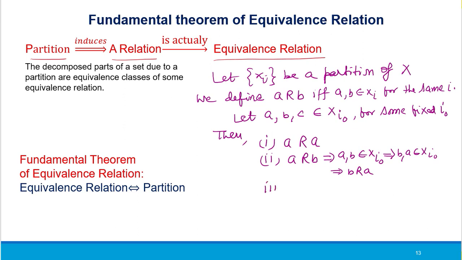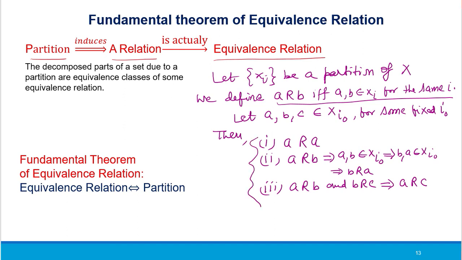And similarly we can have that A R B and B R C implies A R C, because if A and B are members of Xi0, B and C are members of Xi0, then A and C are also members of Xi0. And therefore, given any partition, we can have a relation of this type, and that relation eventually will become an equivalence relation.